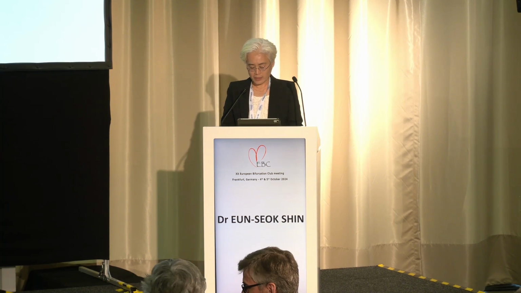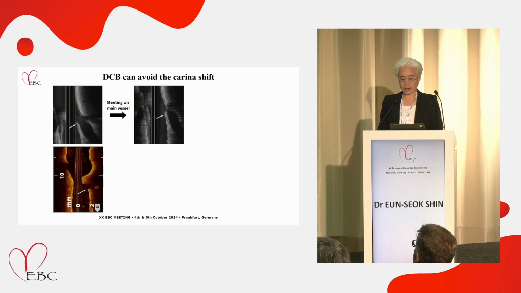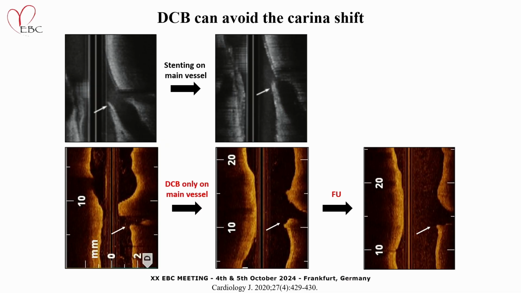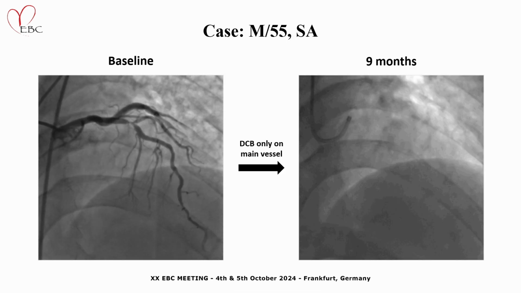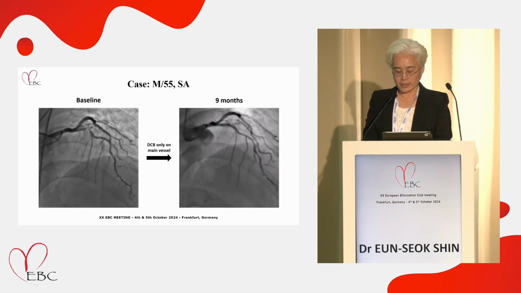Unlike metal stenting, DCB does not produce carina shift. Instead, after drug-coated balloon treatment in the main vessel, an increase in side branch ostium occurred. This patient has a true bifurcation lesion in the RAD.